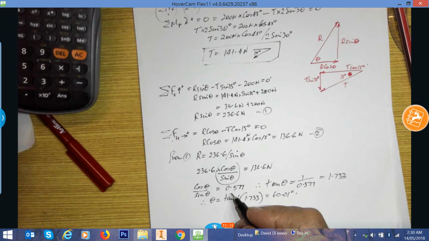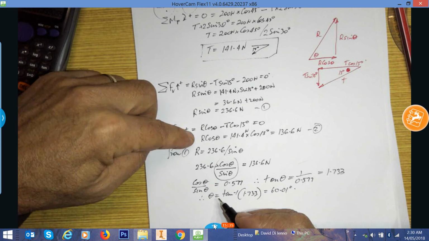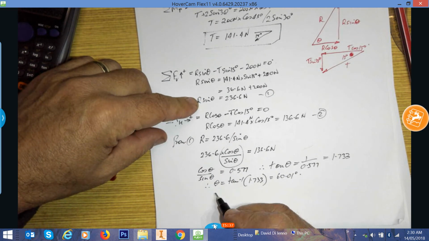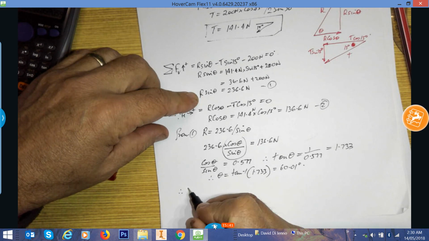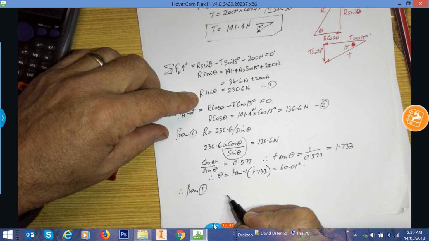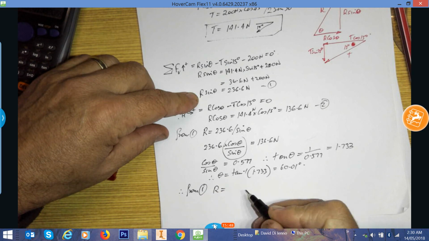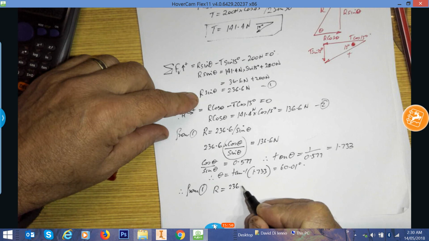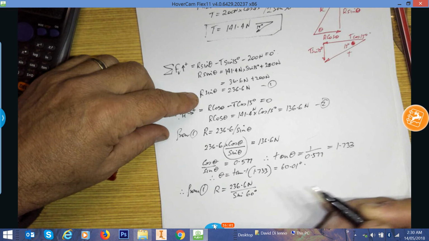Now it's a simple matter to plug this answer back into either equation 1 or equation 2 to derive R. So let's use equation 1. Therefore from 1, the magnitude of R is going to equal 236.6 newtons, all divided by sine of 60 degrees, or near enough to 60 degrees.